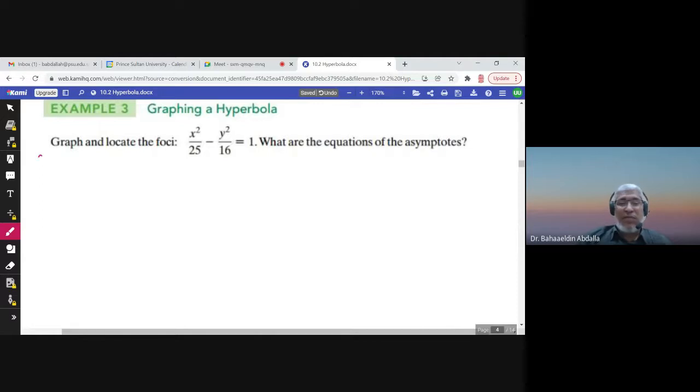I need the center first. Well, the center here, it's clear that it is 0, 0. There is no x minus h, y minus k. If I ask you, immediately I can start drawing without talking about a, b. The center is 0, 0.